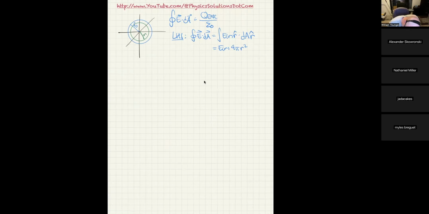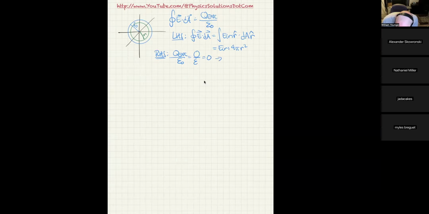The right-hand side of Gauss's law is Q enclosed over epsilon naught. But as we learned for conductors, the charge ultimately ends up completely on the outside, so the charge enclosed is actually zero.